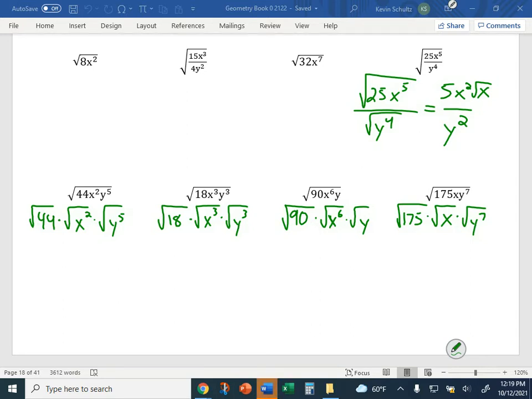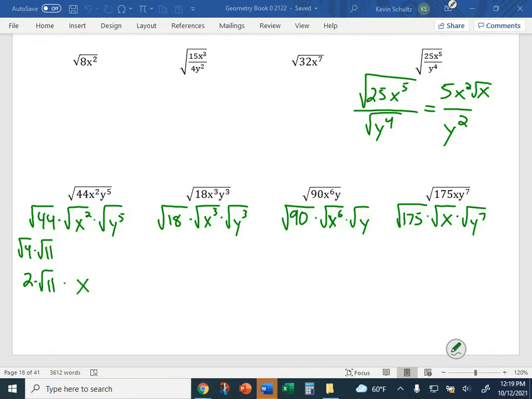The bottom row, when you've got coefficients and multiple bases, break them up, simplify each of them separately, put it all back together. So root 44, you probably simplify that to be root 4 times root 11, which gives us 2 root 11. Root x squared is a perfect square. That gives us x.